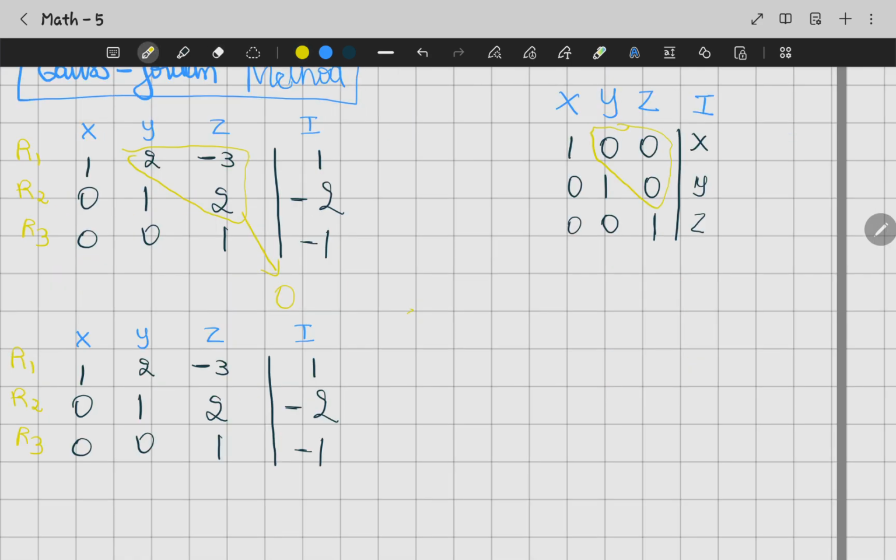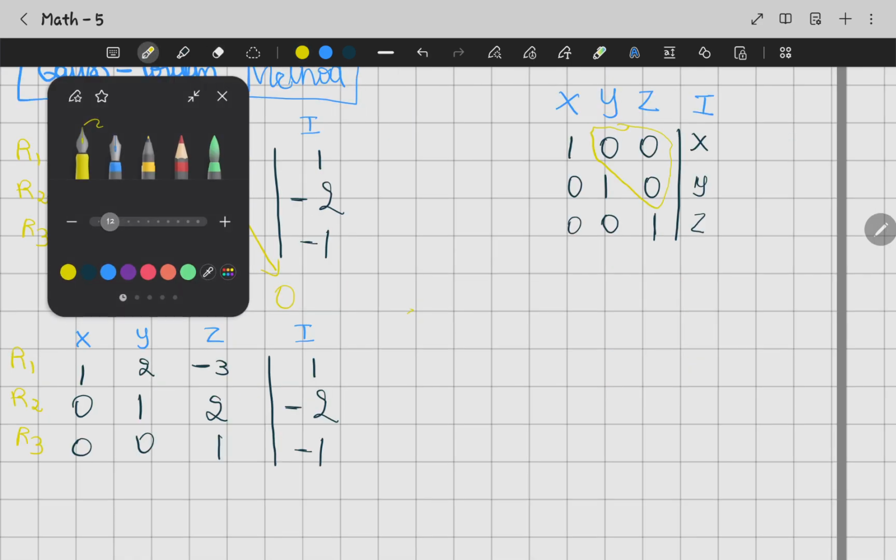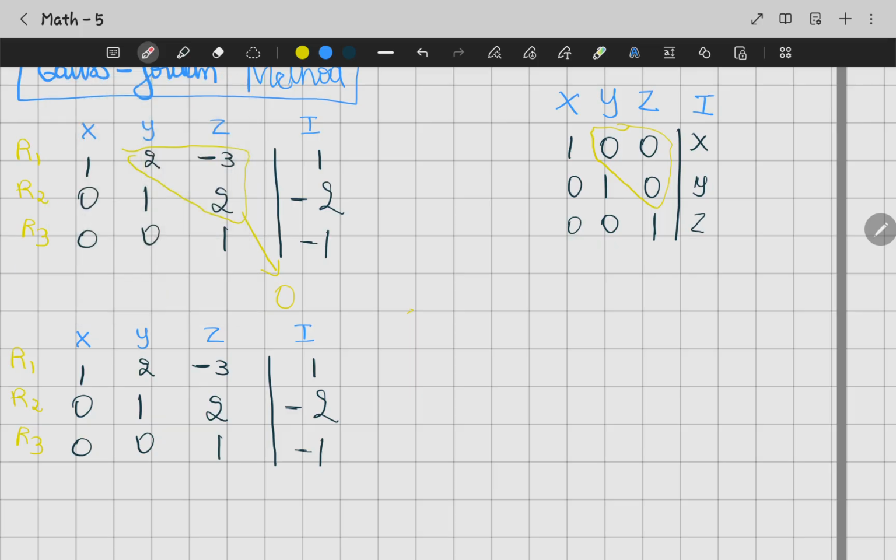Remember that for us to get there, we're going to start by making this one 0. So we're going to focus first on row 2. This is row 2. We're going to focus on row 2, column 3, in a way to make it equal to 0.